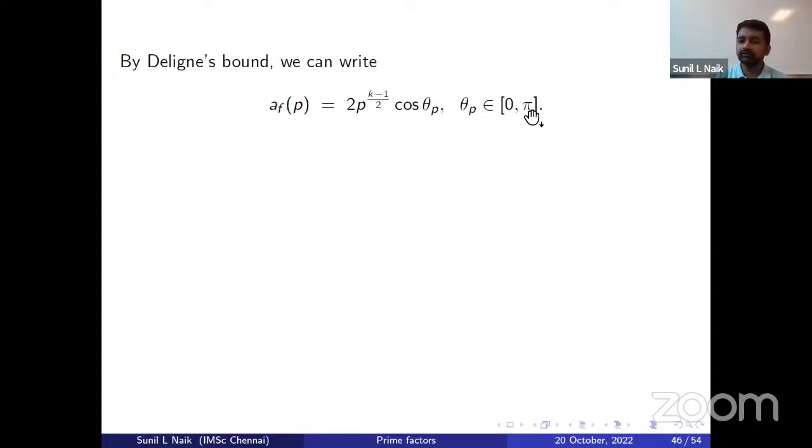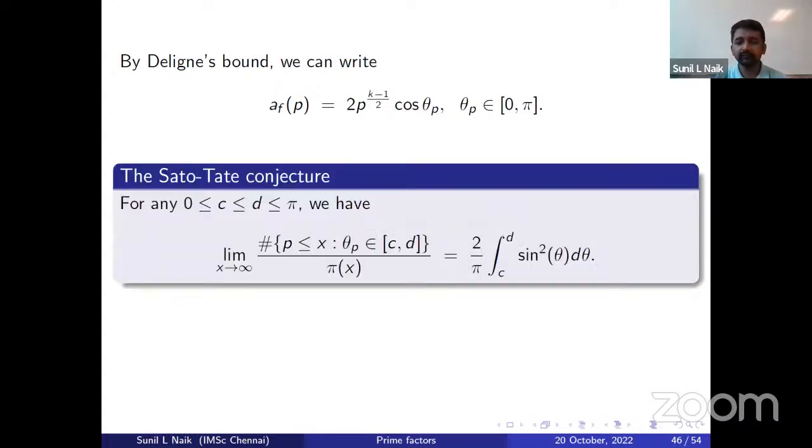The Sato-Tate conjecture states that these angles theta_p are equidistributed with respect to the Sato-Tate measure 2 by pi sin squared theta. More precisely, for any c less than or equal to d in the interval [0, pi], the ratio of the number of primes less than or equal to x such that theta_p belongs to the interval [c, d], divided by pi(x), converges to 2 by pi times the integral from c to d of sin squared theta d theta.